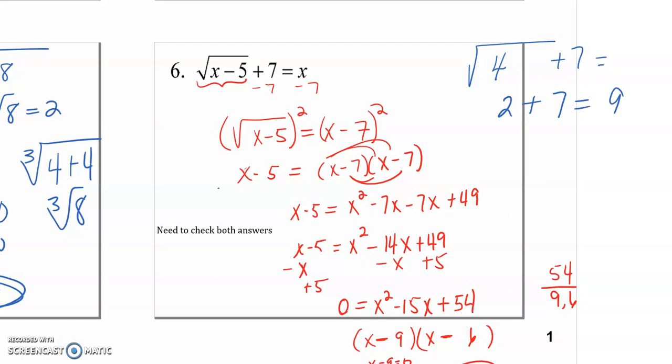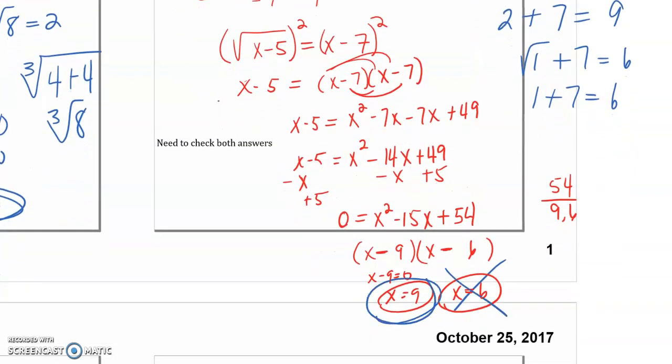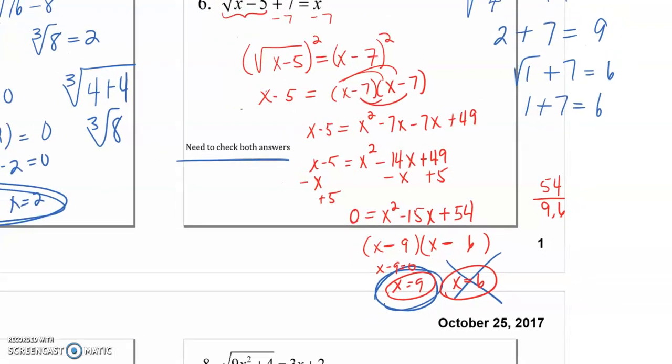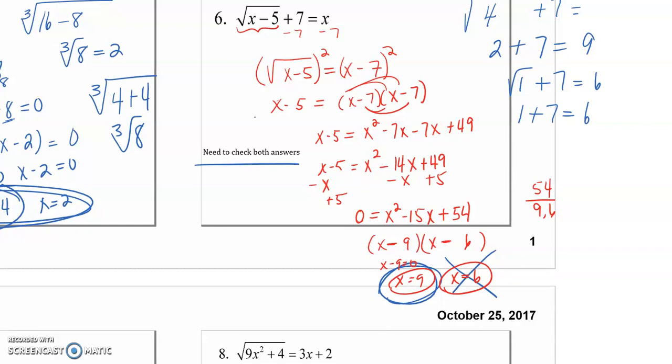Yes. 6 minus 5 is 1, plus 7, is that 6? Is 1 plus 7 equal to 6? The answer is no. Therefore, 6 is not a solution, and that's why we check for extraneous solutions when we're doing quadratics. So you have to check all answers when you do this.